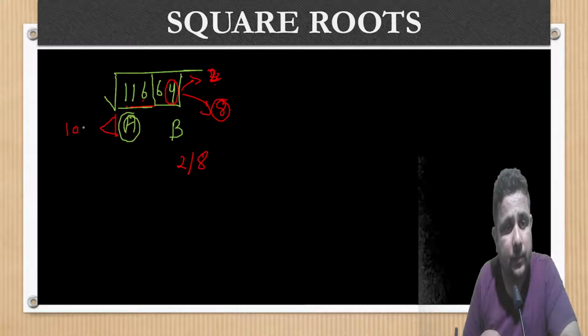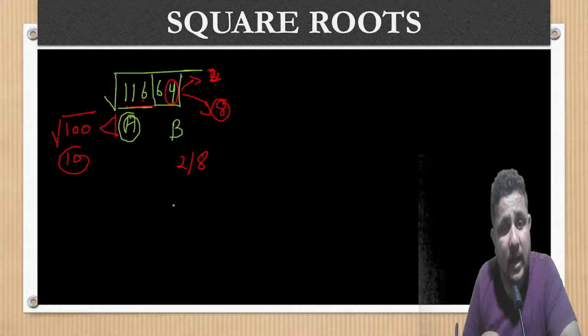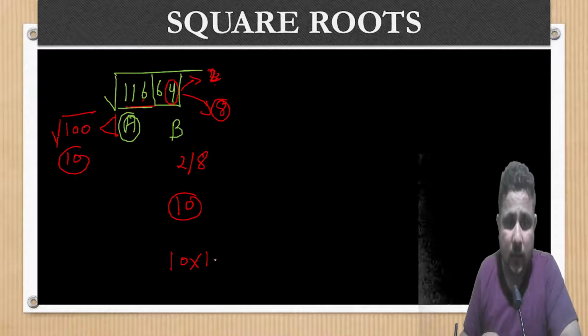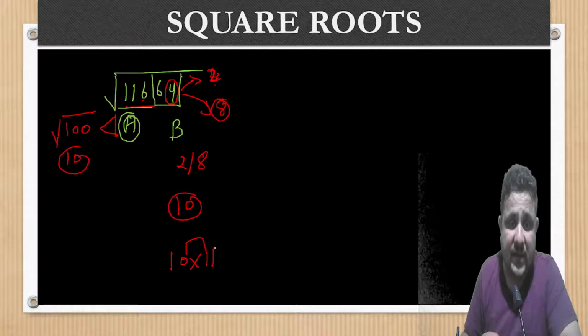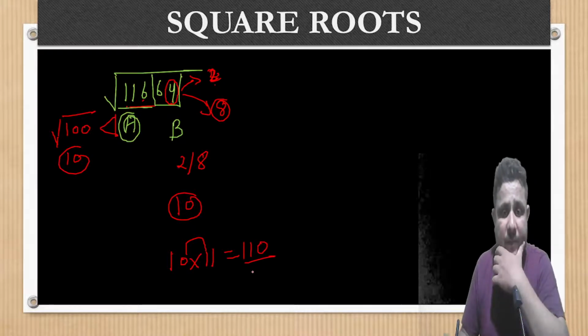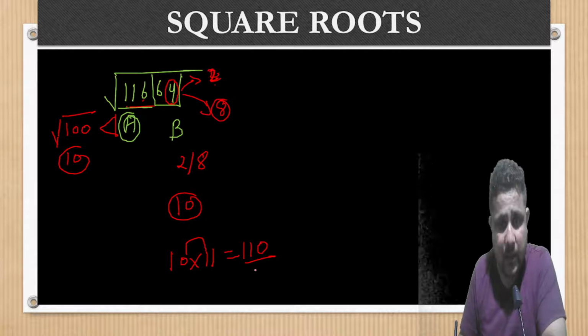The square root of 100 is 10. So your answer's first part is going to be 10. Now multiply 10 with one value ahead, 11. 10 multiply 11, 110. I hope it is clear now. So 110 you are getting here. Clear?